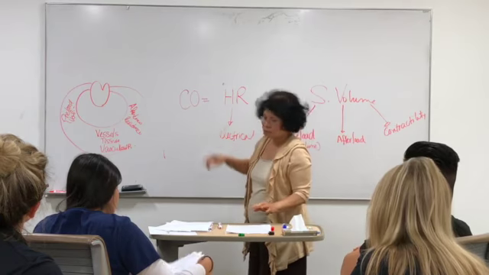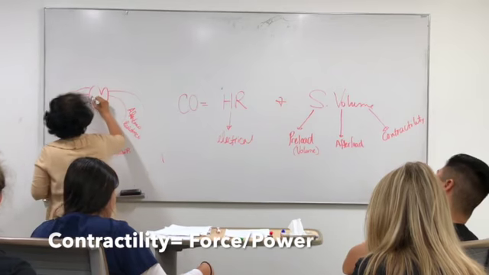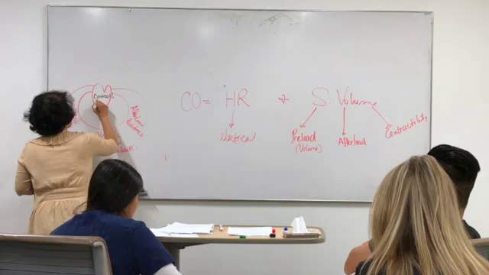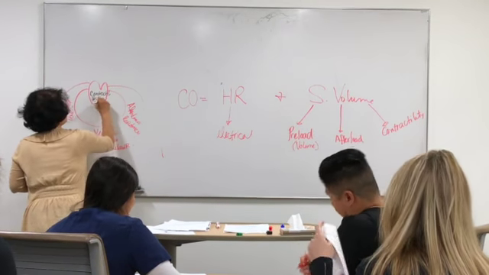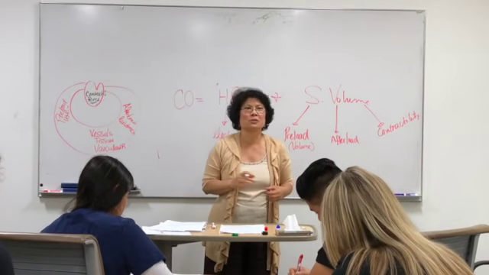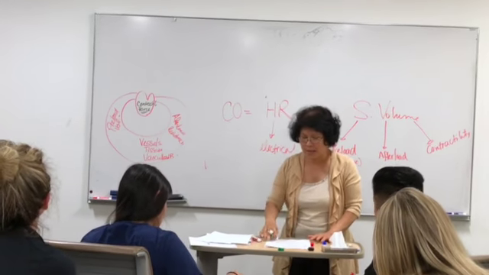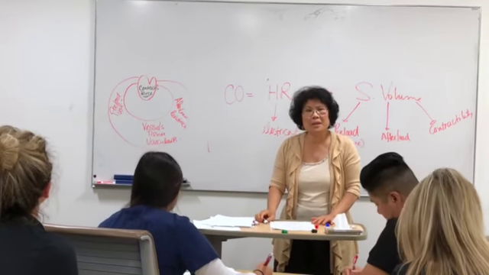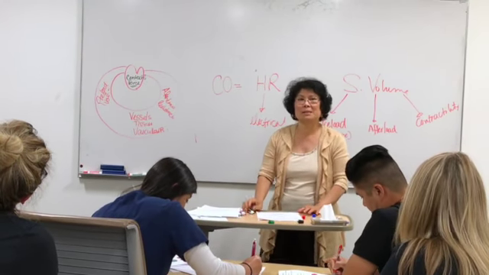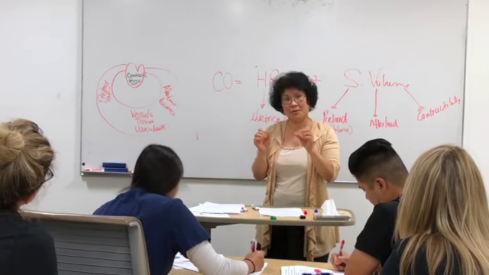Now the next is the contractility, or we call it force or power. This is your contractility: the heart is now functioning with force. Cases like myocardial infarction, cardiomyopathy, or arrhythmia really give a weak muscle for the heart to pump the blood out in contraction.